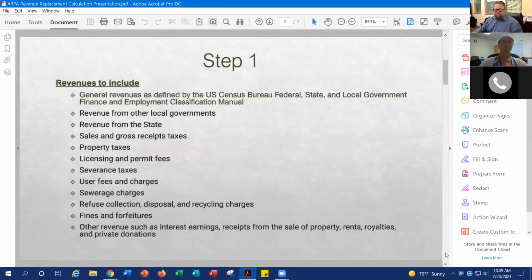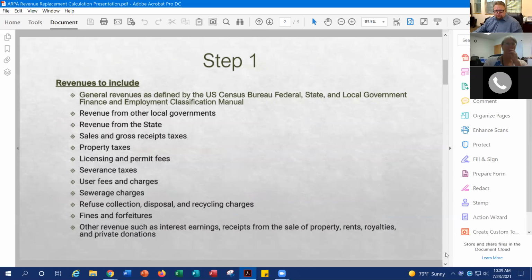As Justin mentioned, there are revenues that are allowable and some that have to be excluded. So the revenues to include would be general revenues as defined by the U.S. Census Bureau, federal, state, and local government Finance and Employment Classification Manual.